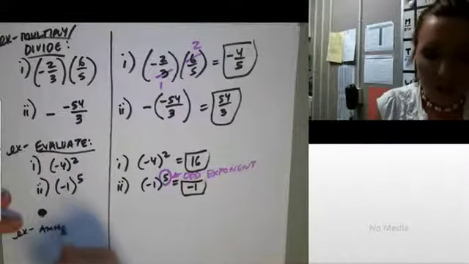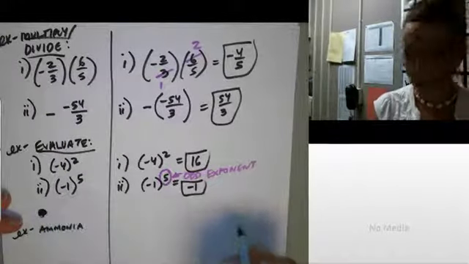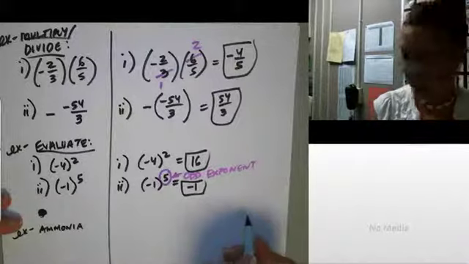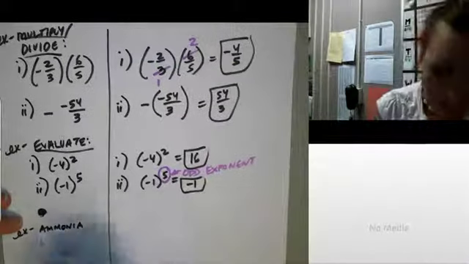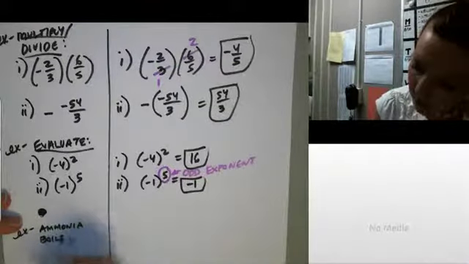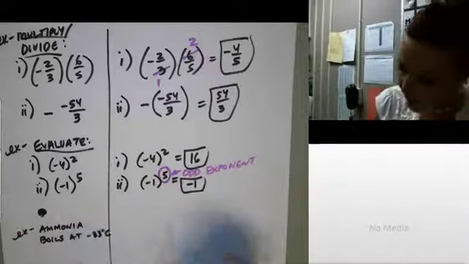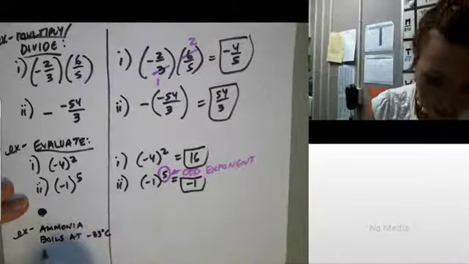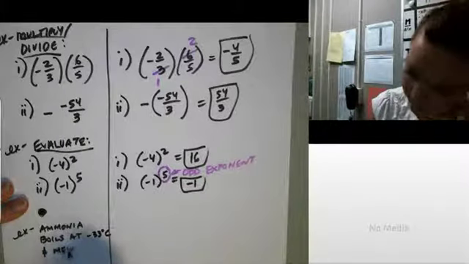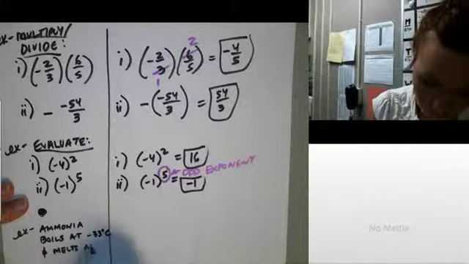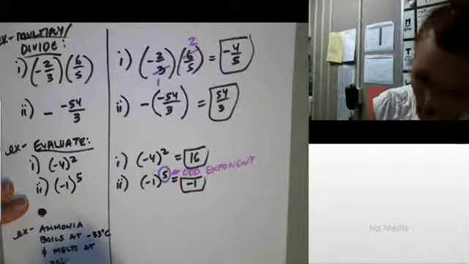Okay, here we go. I have a gift for all of you today. It is a word problem. I know you all love word problems dearly. Ammonia boils at negative 33 degrees Celsius and melts at negative 75 degrees Celsius.